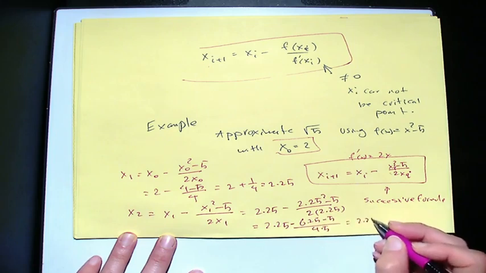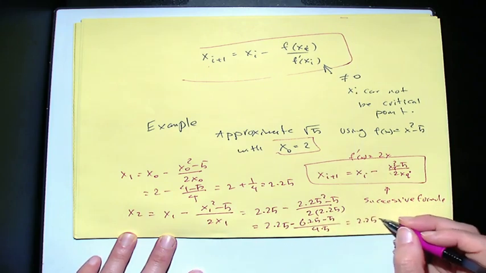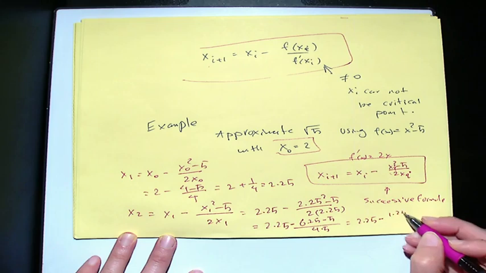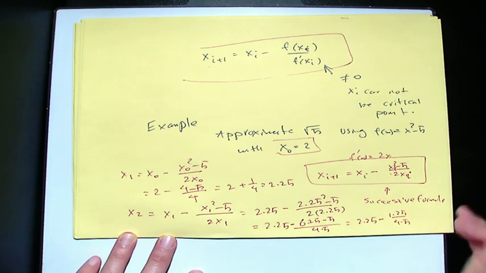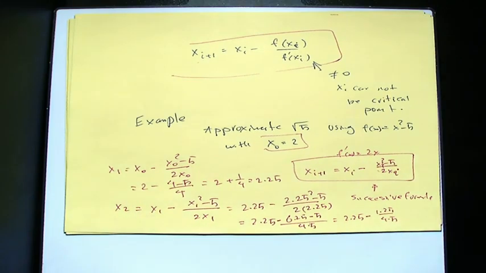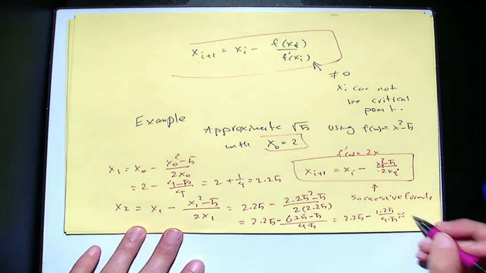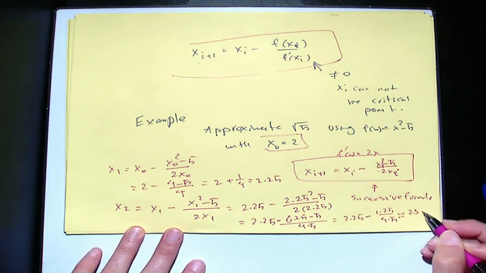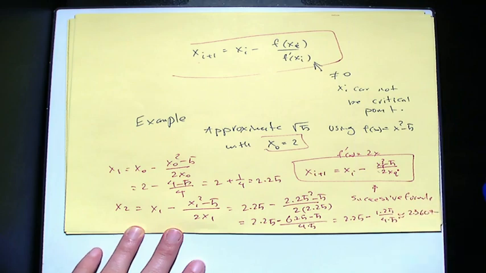That's 2.25 minus 1.25 over 4.5. And if you think I'm going to compute that, no, you're wrong. It's approximately equal to 2.3607 and so on.